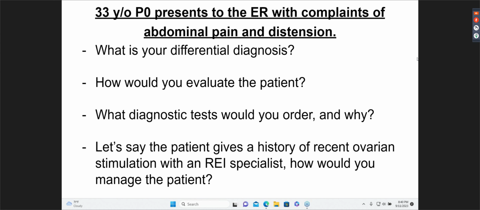And what are signs and symptoms of a worsening condition? Signs and symptoms of a worsening condition would include worsening abdominal pain and distension, worsening laboratory values.